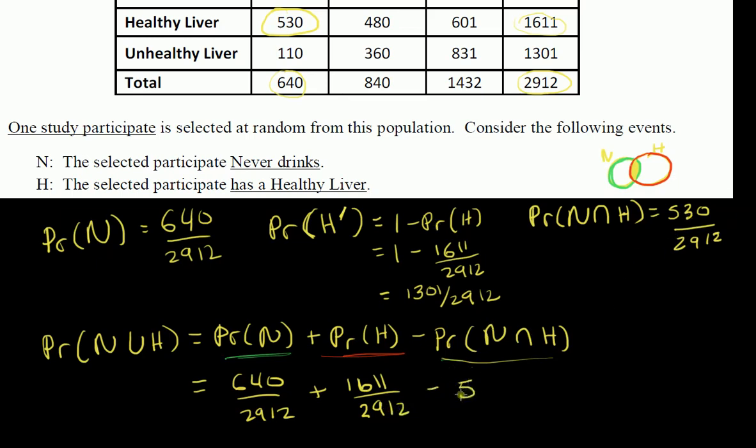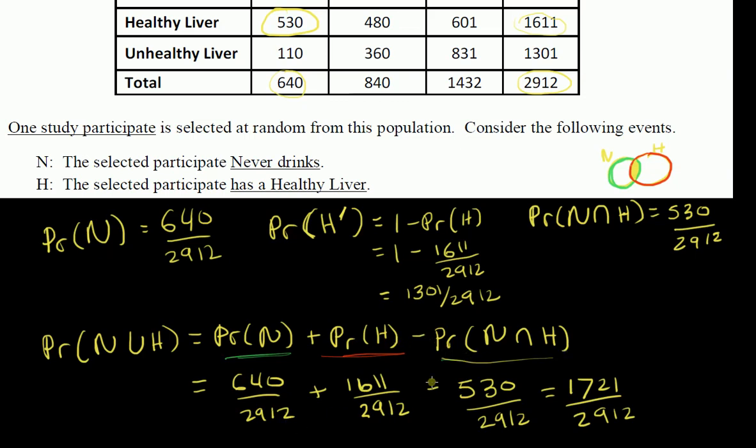We found that right here, 530 divided by 2912. Let's go ahead and do those numerators. So plug that into my calculator: 640 plus 1611 minus 530. We're looking at 1721 divided by 2912.